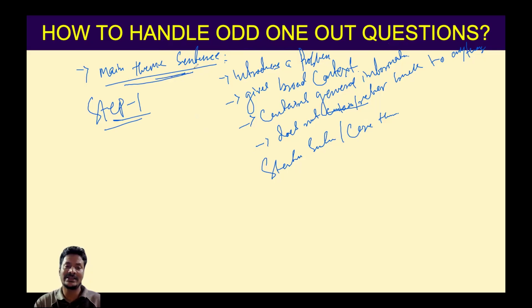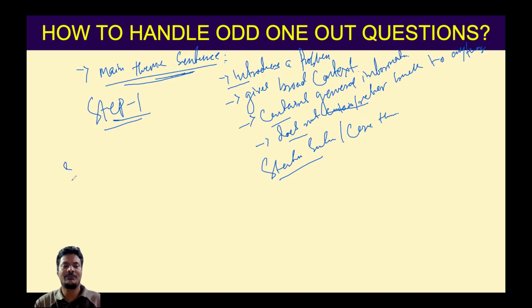How do we understand a sentence carries the main theme? When that sentence introduces a problem and gives broad context, and third, it contains general information and doesn't refer to any other thing, right? So that could be considered the core thing.